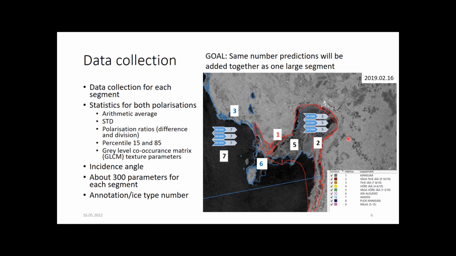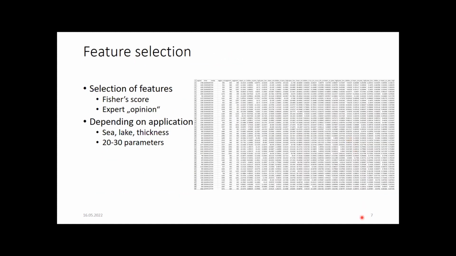And now that we have all the data, all the statistics, which are now called features in machine learning world. We somehow had to make a selection from them. It's not very efficient to calculate hundreds of values for each area and then give it to the machine learning algorithm or model and try and figure out something.